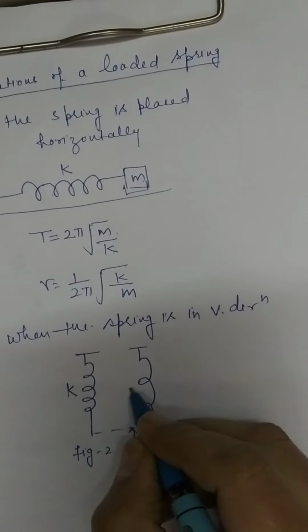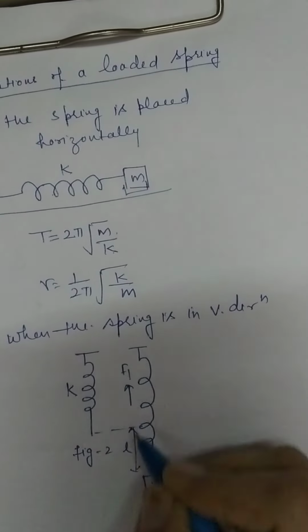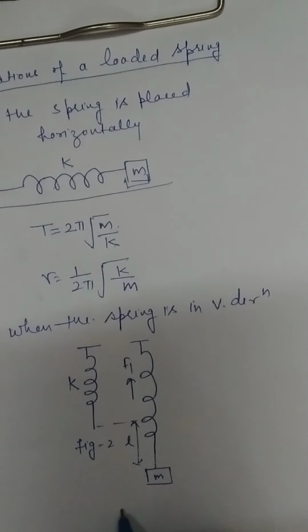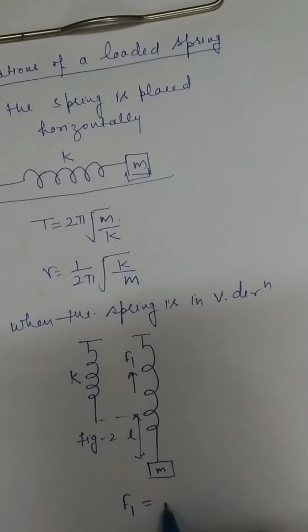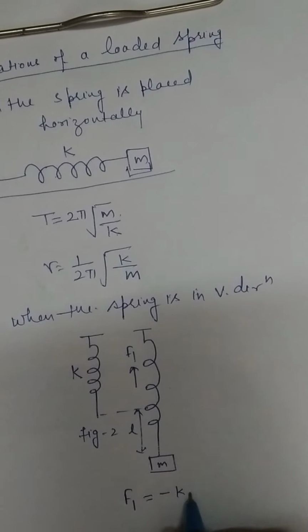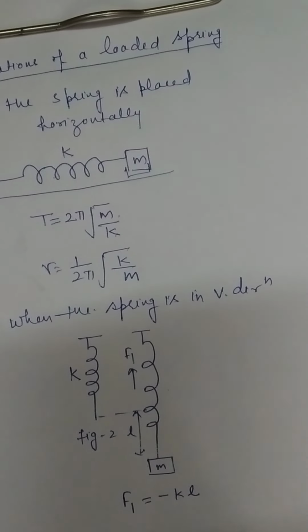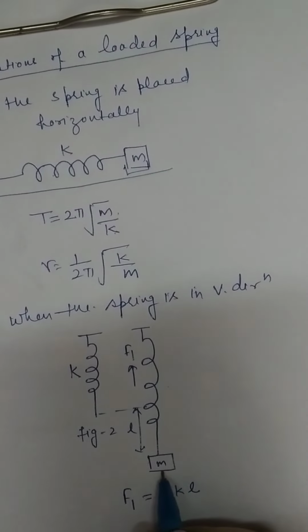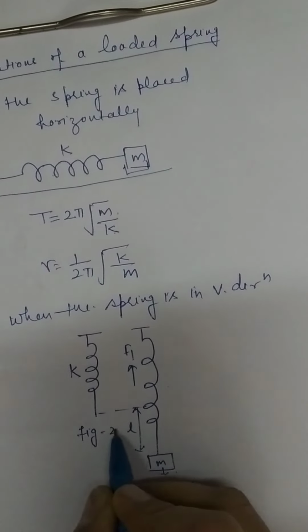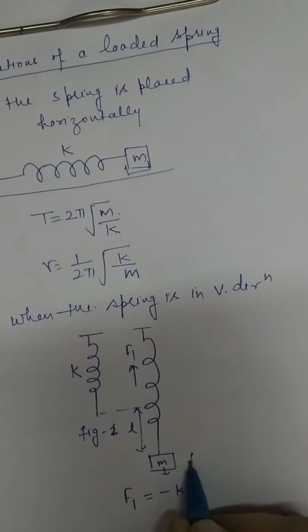Now you can say that the restoring force is produced toward this direction. So F1 is equal to minus K into L, from the condition of simple harmonic motion, right? In equilibrium, its weight is acting downward. This is figure 1 and this is figure 2.